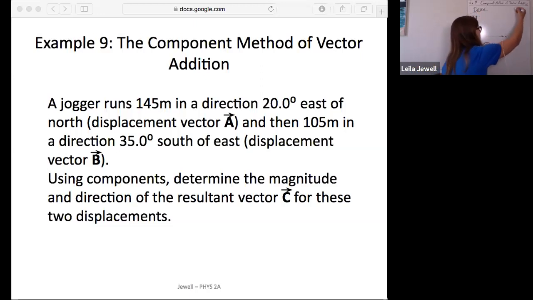Because remember that we have north, east, west, south. So we know we're starting out north and then we're going 20 degrees east. So we're tilting over by 20 degrees. So north would be in the Y direction, and I'm going to tilt over by 20 degrees. That is my vector A.